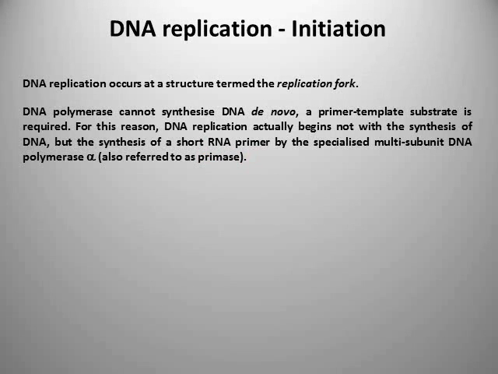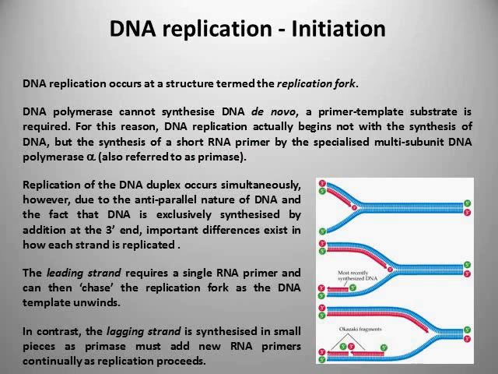What primase does is produce a short RNA primer which is complementary to the DNA in the template strand. This RNA primer then binds to the complementary region in the DNA strand to form a primer template substrate to which DNA polymerases can then be recruited, and DNA polymerases can then go about the business of actually replicating and synthesizing DNA.